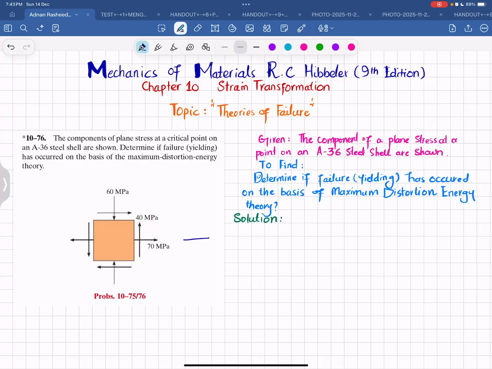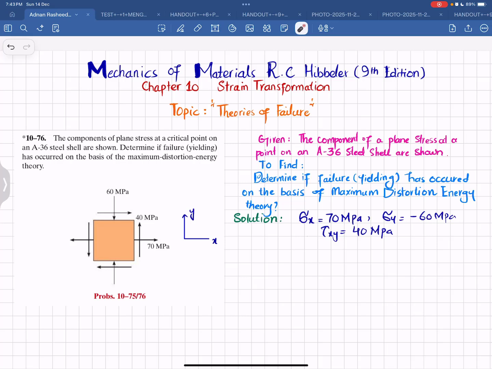If I take this axis as the x-axis, and along the vertical we have the y-axis, then from this state of stress we can write sigma x is 70 megapascal, sigma y is minus 60 megapascal, and tau xy is equal to 40 megapascal. Why is it positive? Because you can see it is acting on the x plane, and the shear stress is in the positive y direction. That is why it is positive.